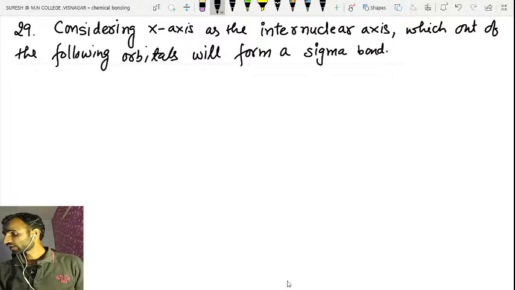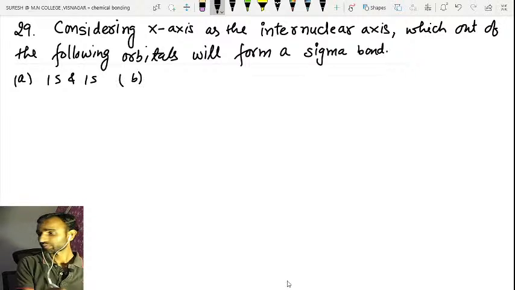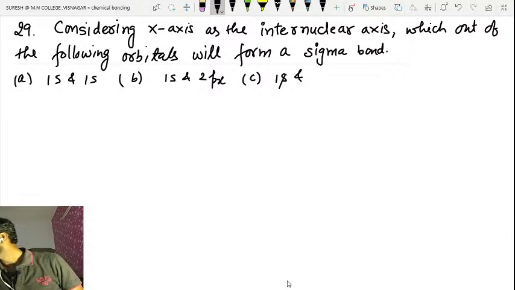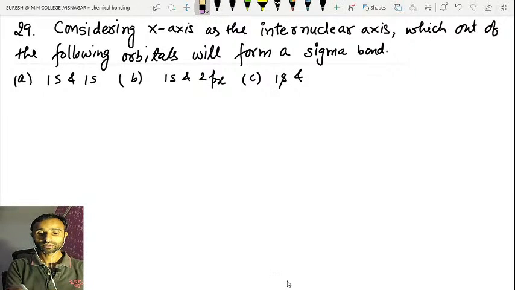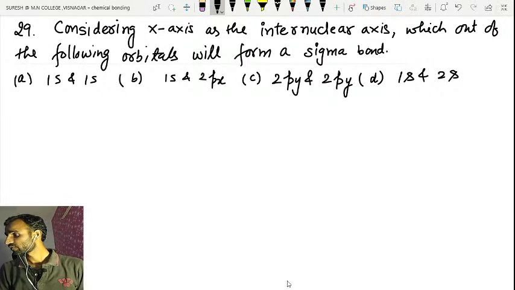The options are 1s 1s, 1s 2px, 1s 2py, 2py 2py, and 1s 2s.